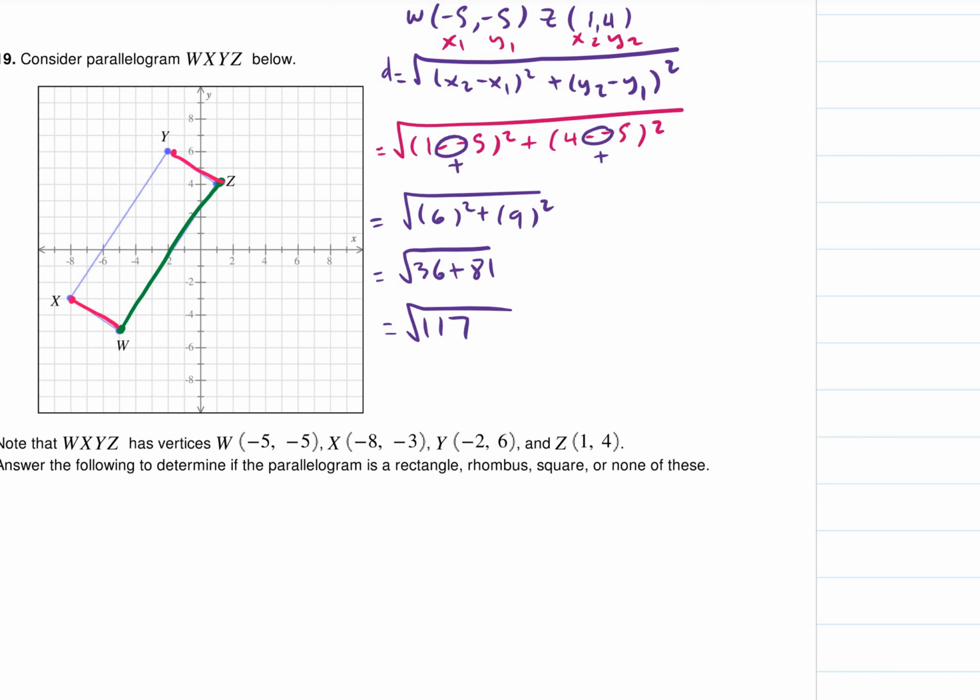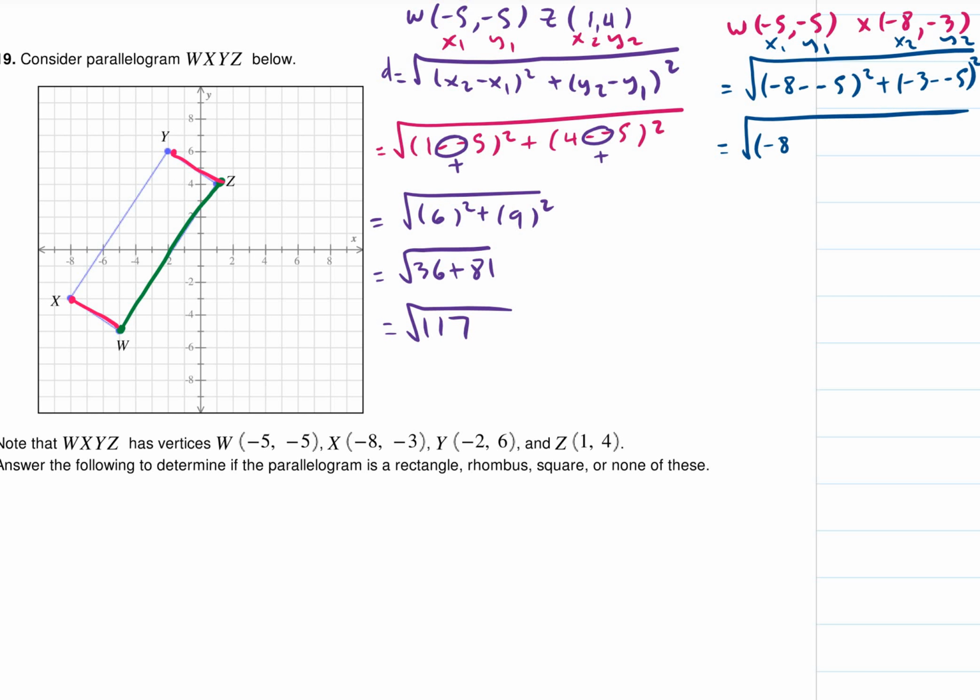Let's say W is -5, -5, and X is -8, -3. We're going to repeat the concept and find the distance of WX. X2 is -8 minus -5 squared plus -3 minus -5 squared.